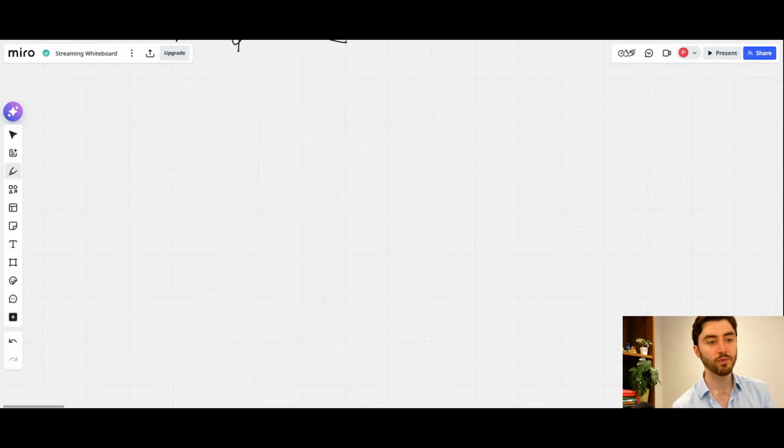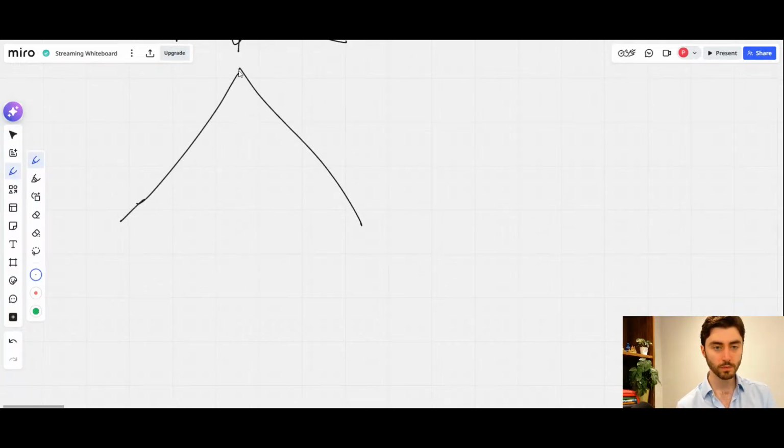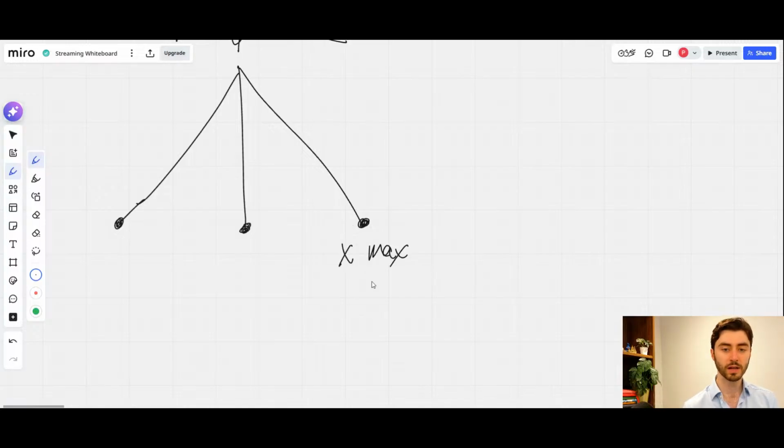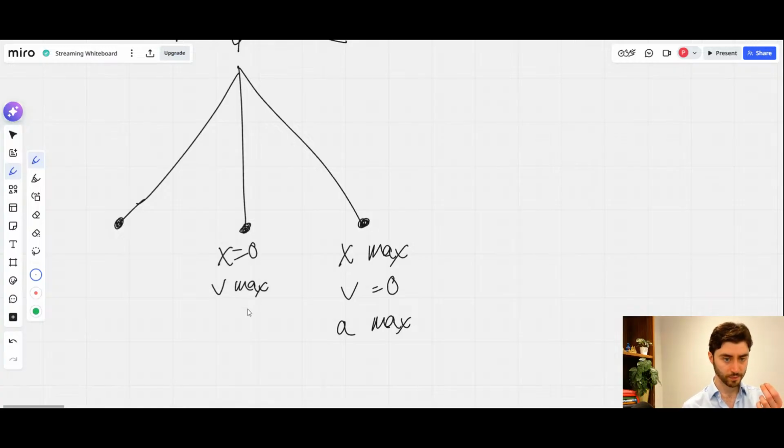So, for instance, I'll demonstrate this with a pendulum. If we have this maximum displacement, if x is a maximum, then v is 0, and a is a maximum. If x is 0, then v is a maximum, and a is 0. And again, x is going to be max on this side, but in the negative direction. v would equal 0, and a would be a maximum.